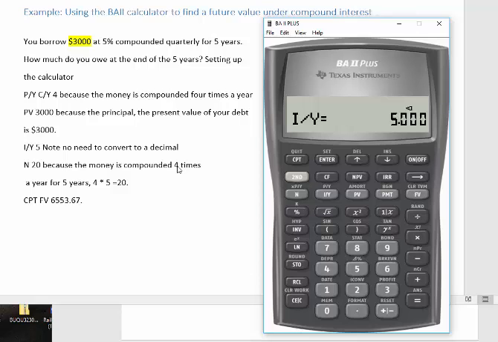So the total number of times that the money is rolled over is 20. 4 times a year for 5 years, so that's 20. So 20 N. It's all done. So now we go to compute, CPT, future value, 3846112.